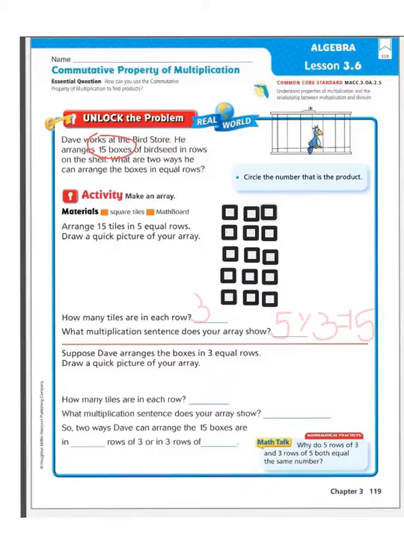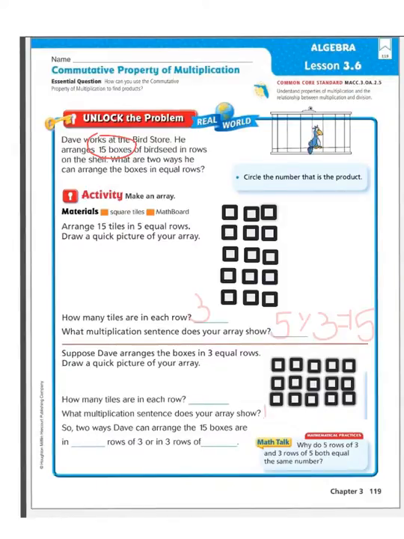So it's going to look the same here, except we're going to flip it over to make 3 rows of 5 and not 5 rows of 3. So let me show you what the next array will look like. So now, how many tiles are in each row? Correct, 5. 1, 2, 3, 4, 5.